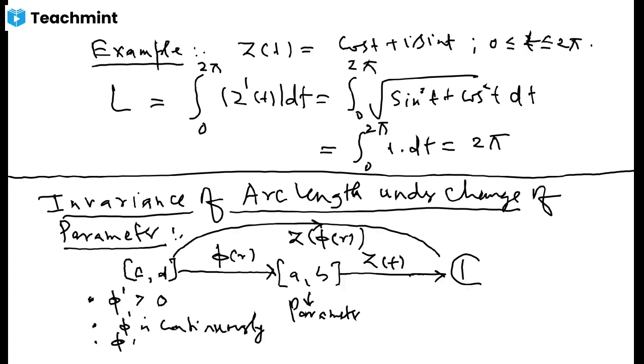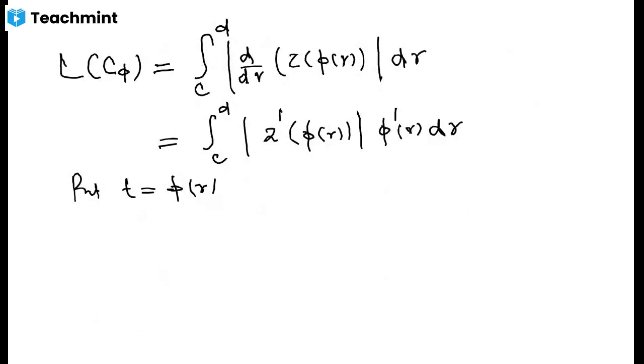Phi is onto, so that when you start with c and reach d, it is not necessary that it will start from a or something, but it must cover the whole interval ab, so that we can take the limits when we change the variable, replacing t by phi of r. We can take the a to b interval.